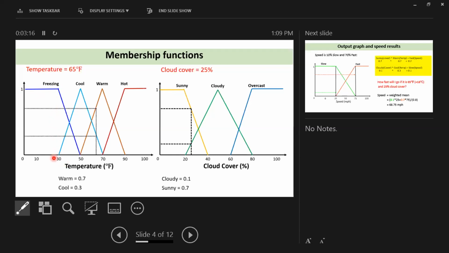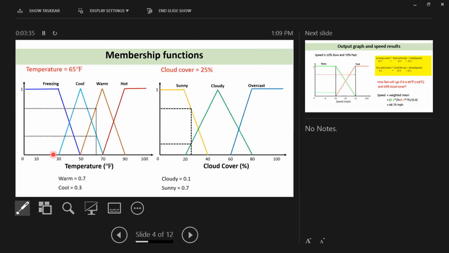At 30 Fahrenheit, the temperature is truly freezing, but when it goes beyond 30 Fahrenheit, then it is a combination of freezing and cool.